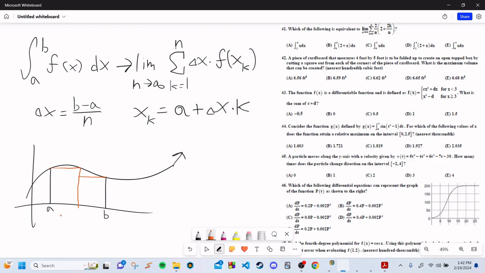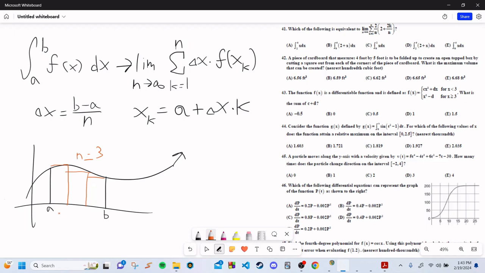And delta x is the width of these rectangles. Because it's the difference between these divided by how many rectangles. So if I had 3, so n equals 3 here, and I have 3 rectangles, my area would be even more precise.